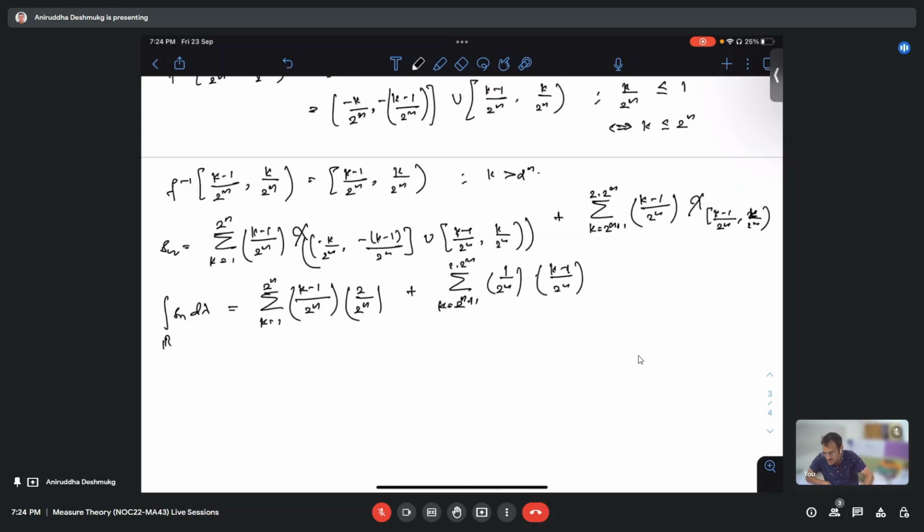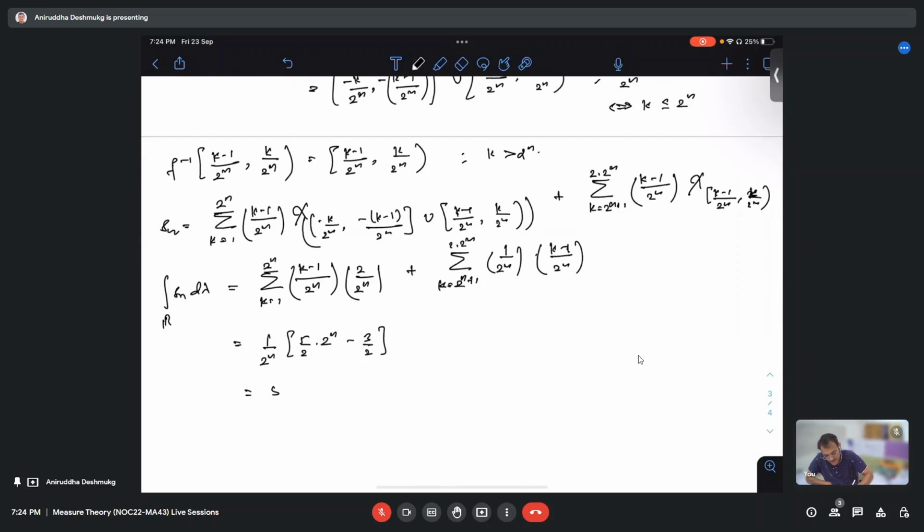Well, and now it is just a matter of computation. So after using the formula for the summation of the first n natural numbers, one would get 1 by 2^n into 5 by 2 into 2^n minus 3 by 2, which is 5 by 2 minus 3 over 2^(n+1). So from here to here, it is just a matter of computation.